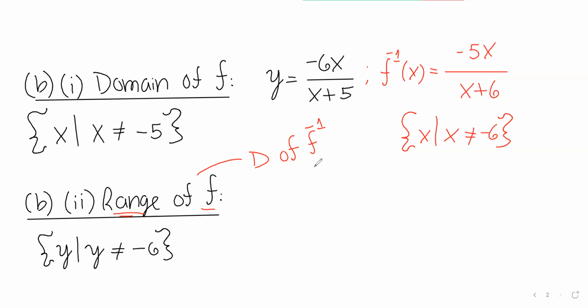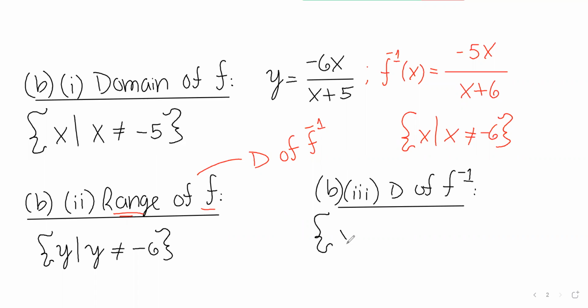So next would be part 3. Okay, what's the domain of the inverse? Well, we already answered that in part 2 of part B. So it's the same thing. X cannot be -6.